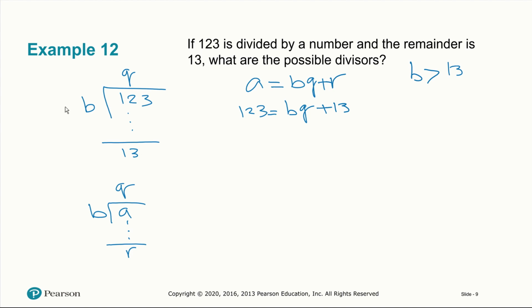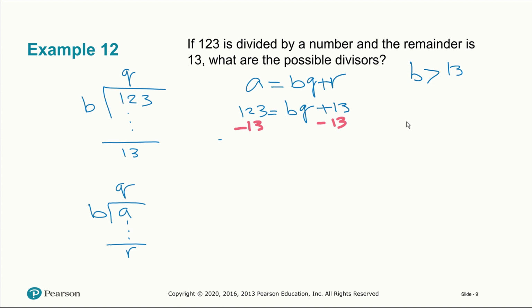All right, so let's see what the product of BQ is going to look like because we can't really tell what B or Q is right now, but we can tell what the product is going to be, right? By just solving for it. So we're going to go ahead and subtract 13 from both sides.